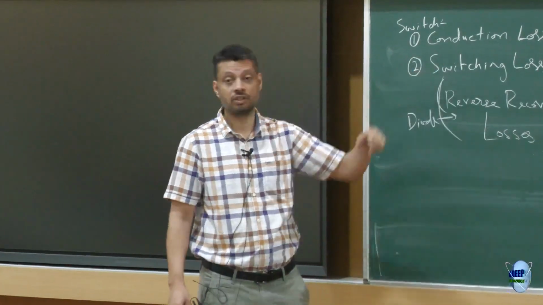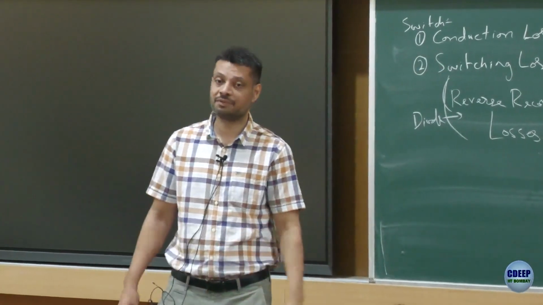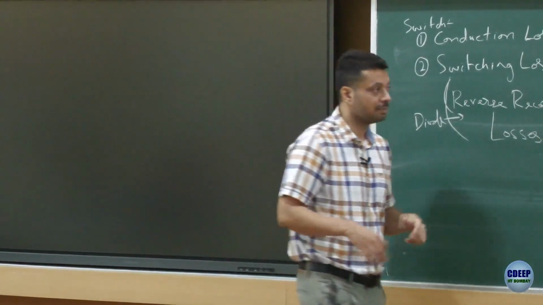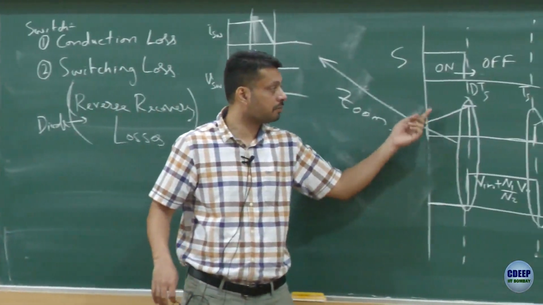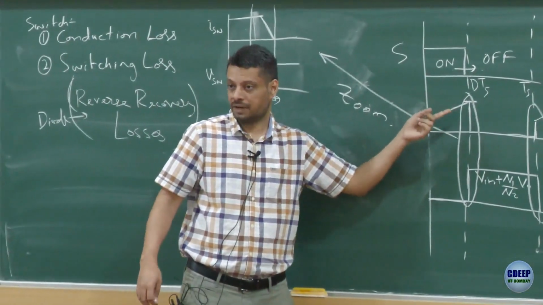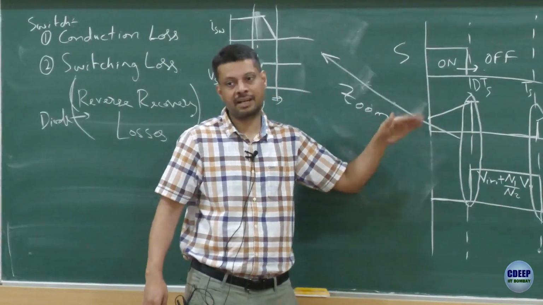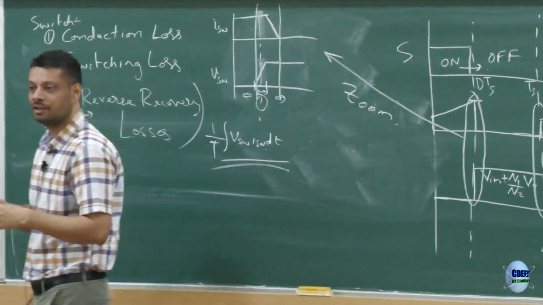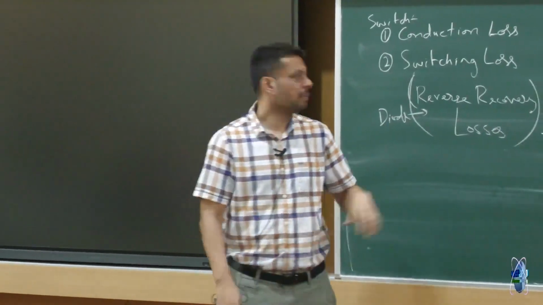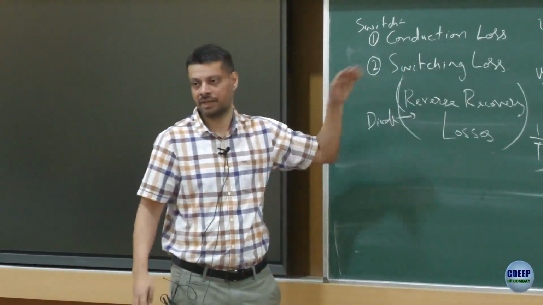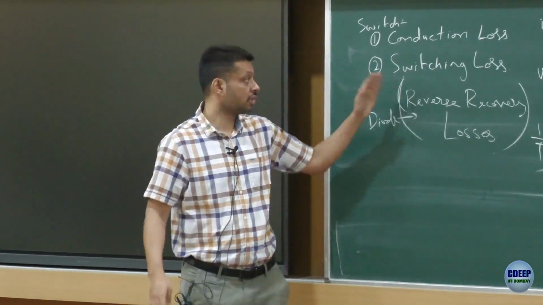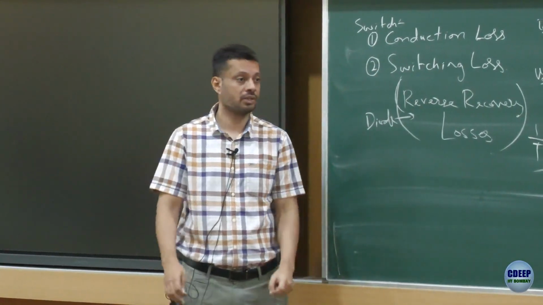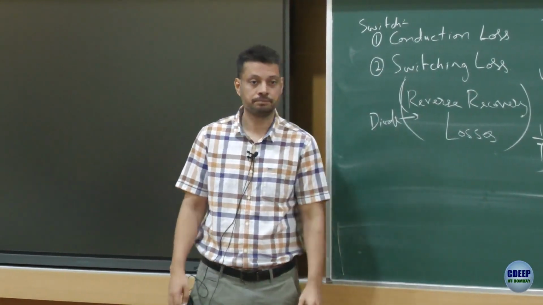The conduction loss on the other hand has no direct relationship, but there is an indirect relationship because you have to find the RMS current to find the conduction loss, and the RMS current would depend on the slope, the inductance value, which would then indirectly also depend on the frequency. But that is more of a derived relationship; directly, switching loss is proportional to the switching frequency.